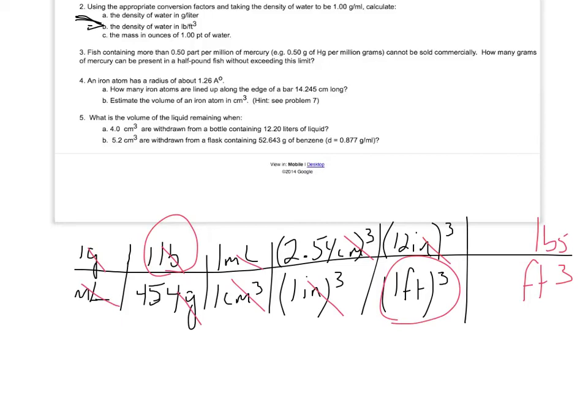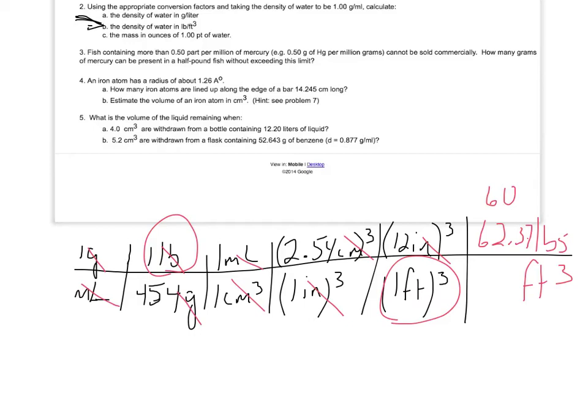And if I did all my math correctly, I'm getting an answer of 62.37. Now in sig figs, since we're really just dealing with 1, I guess we could say that this is 60 pounds per cubic foot.